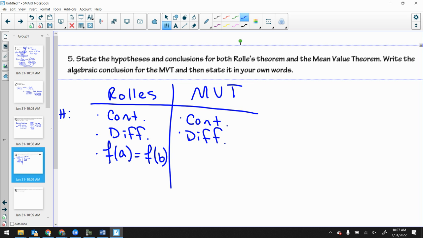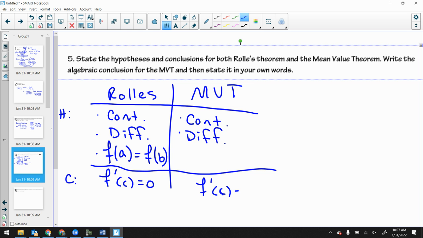Mean value theorem does not. Conclusions. The conclusion says that there must be some value, f prime of c, where it equals 0. Mean value theorem does not say that. Mean value theorem says there must be some value f prime of c such that it equals the slope, f of b minus f of a over b minus a, of the endpoints.